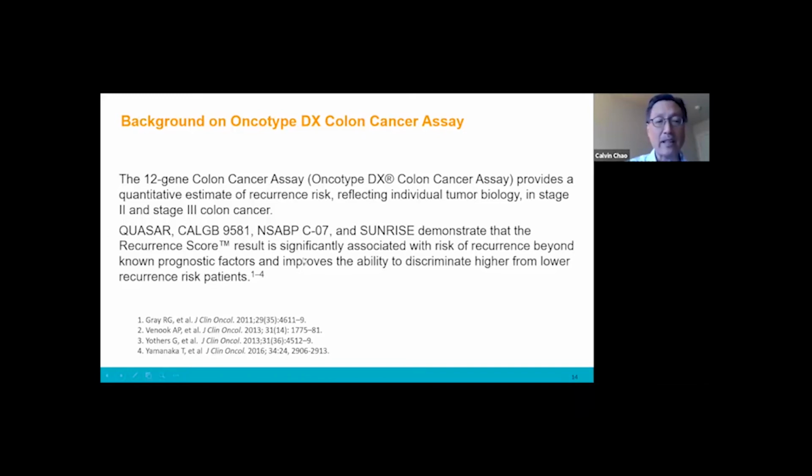There are now 4 validation studies that are high quality studies with very defined risk assessments that you can get from the recurrence score that helps with the decision in stage 2 and stage 3 colon cancer. Yes, there are other prognostic factors that have been available and some have come and gone, but even today, as we have new ways of assessing risk, this data is still unparalleled.